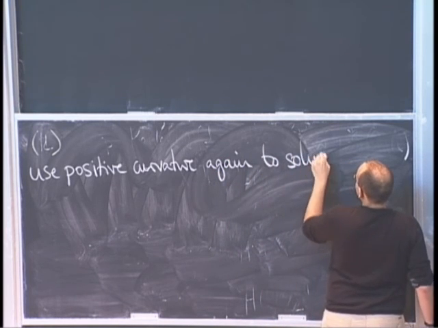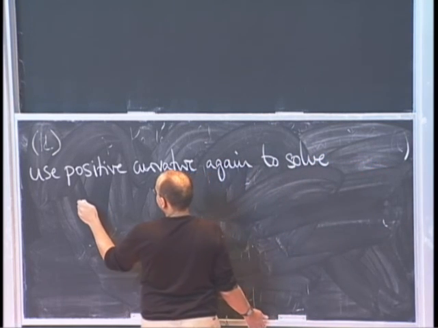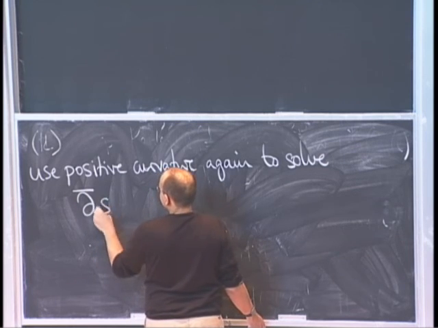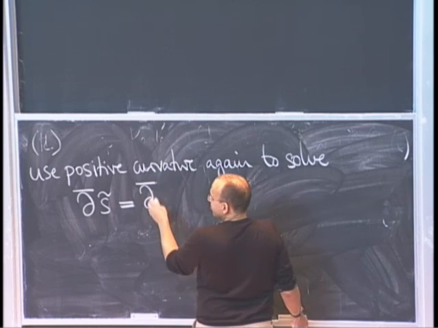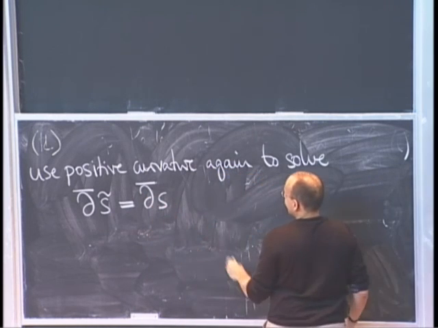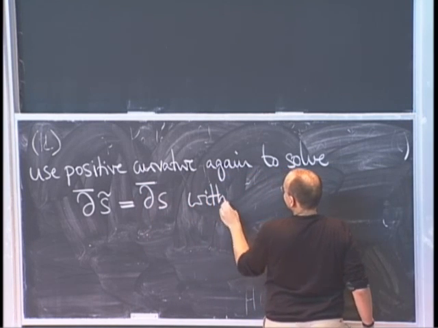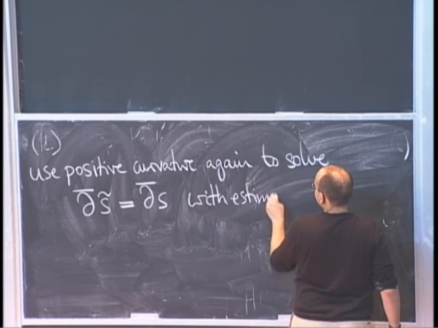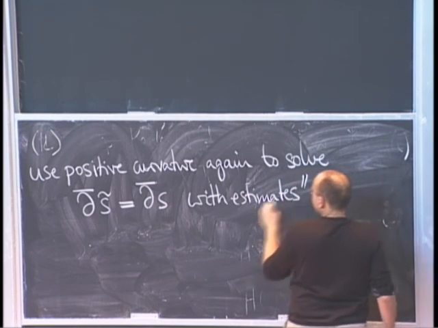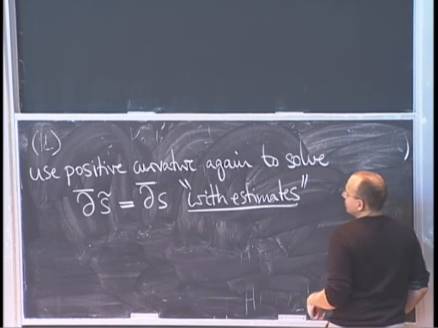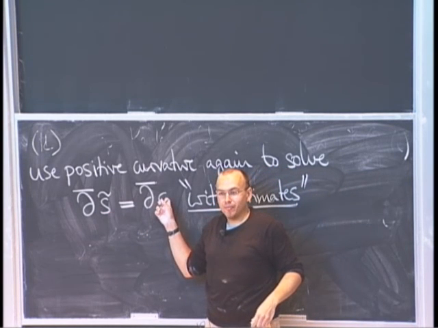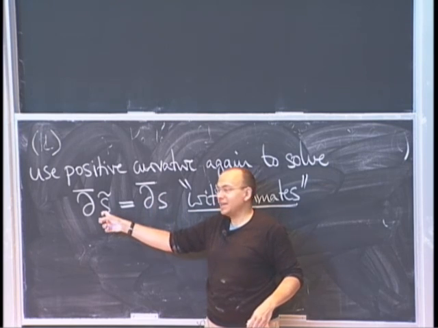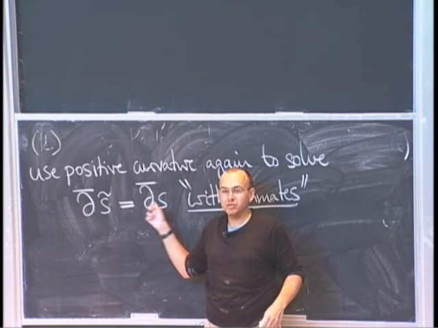And what you want to do is to solve the equation d bar s tilde equal to d bar s with estimates. I mean, it looks like a silly equation to solve. I'm given s, I take d bar. I want to find s tilde so that d bar s tilde is equal to d bar s.